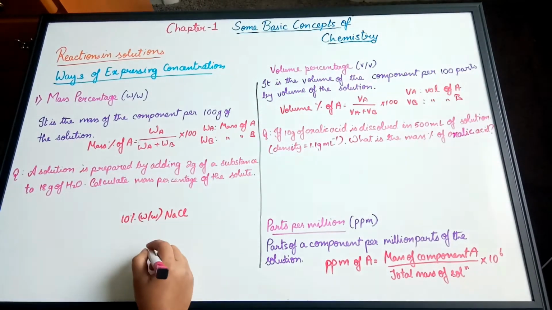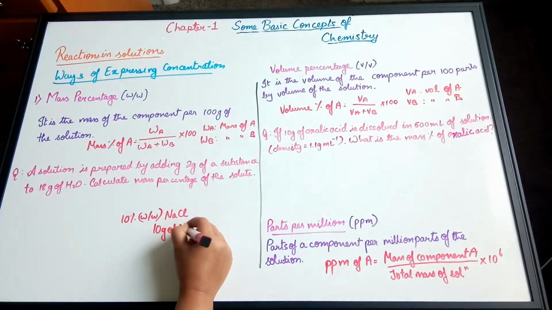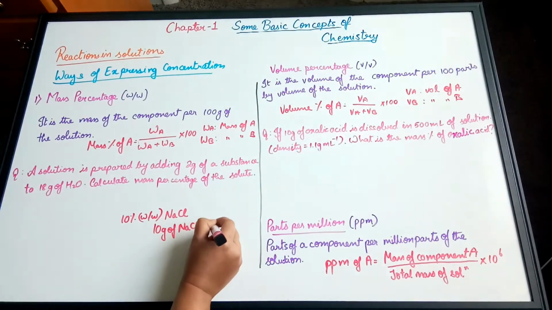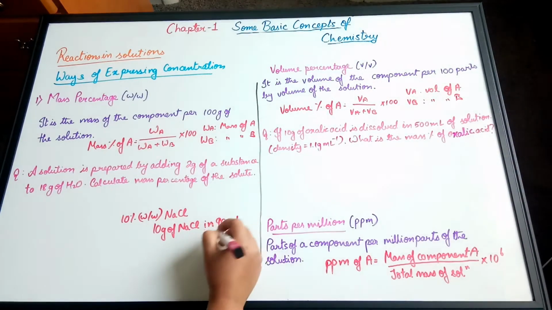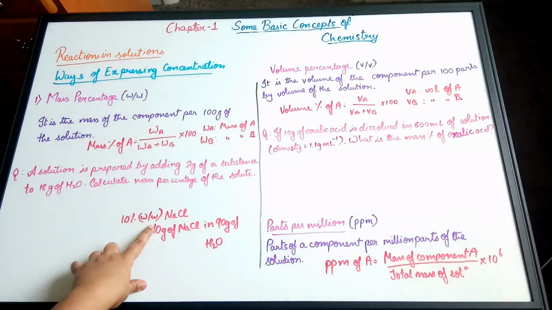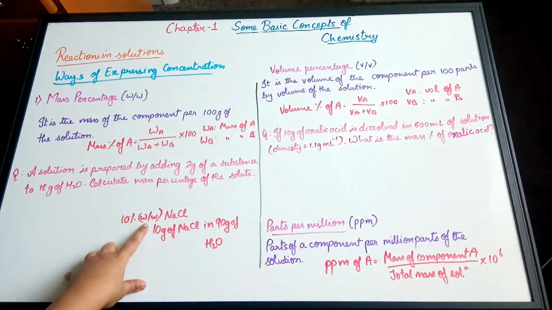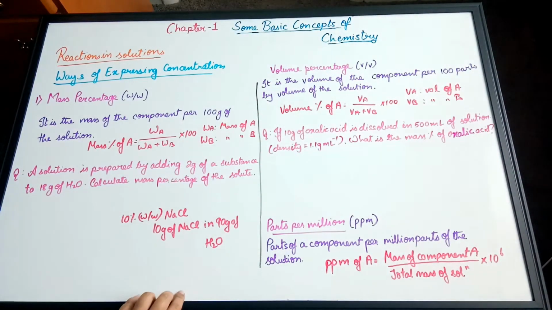This means that you have 10 grams of NaCl in 90 grams of water.